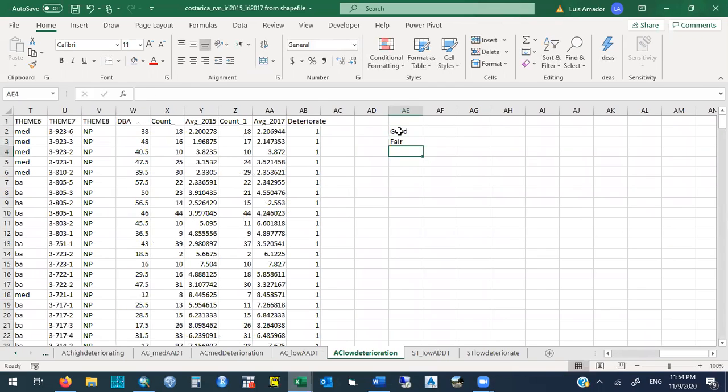Good, fair, poor, maybe very poor, I don't know. So what is my first interval? We all agree it is 1.3 to 3, right? And this is 3 to 6, this is 6 to 9, and this is 9 to 12. Up to there. This is not sorted, guys. You see how it's not sorted? So I cannot do it yet.